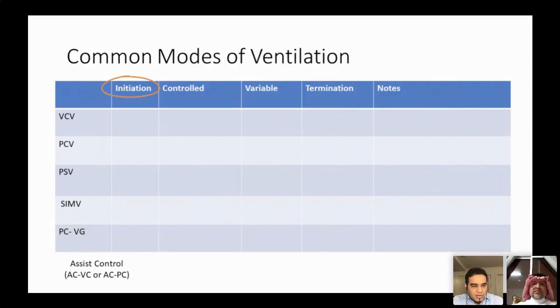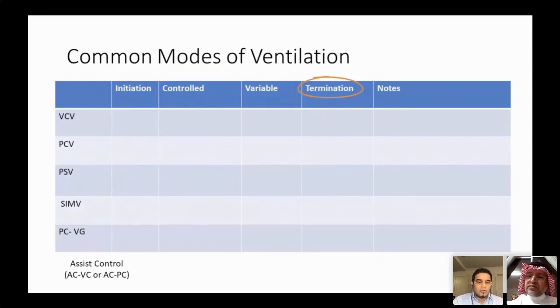The four parameters that correspond to the settings of different modes of ventilation are these four things. Question number one, how is the breath triggered? Question number two, what is controlled during the breath? Number three, what is allowed to vary during the breath? And the last is how the breath is terminated.